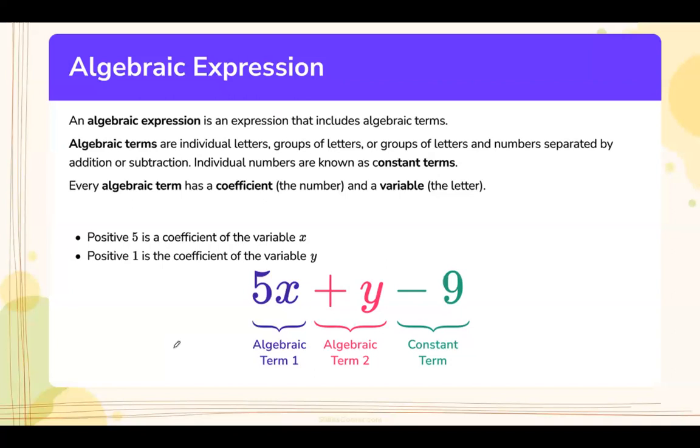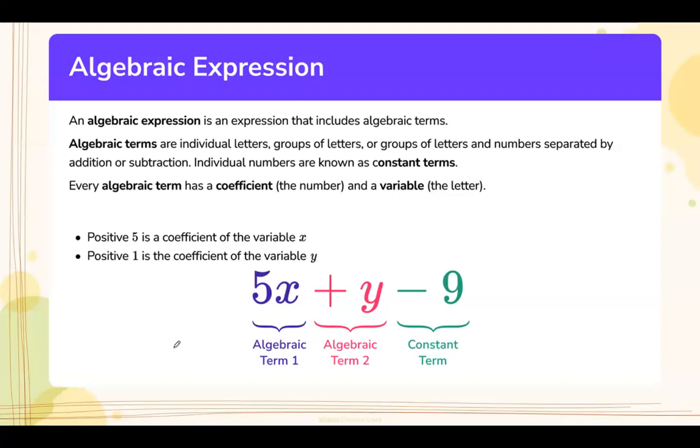Now, if a certain algebraic term has just a letter, it is understood that the coefficient, which is the number associated with it, is a 1. So therefore, y is an algebraic term where 1 is the coefficient and y is, of course, the variable.